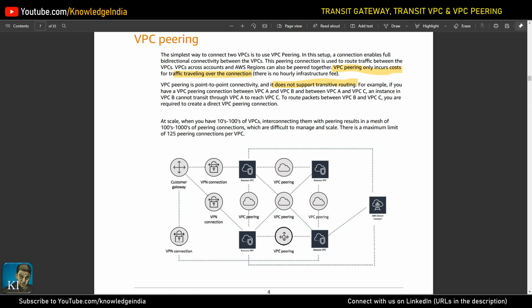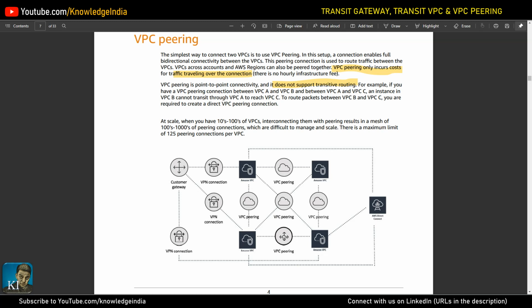We have discussed this in the Transit Gateway video as well. So there is an upper limit on how many VPC peering connections can be there per VPC. It's not unlimited. So in big organizations, you can hit that limit quite soon.